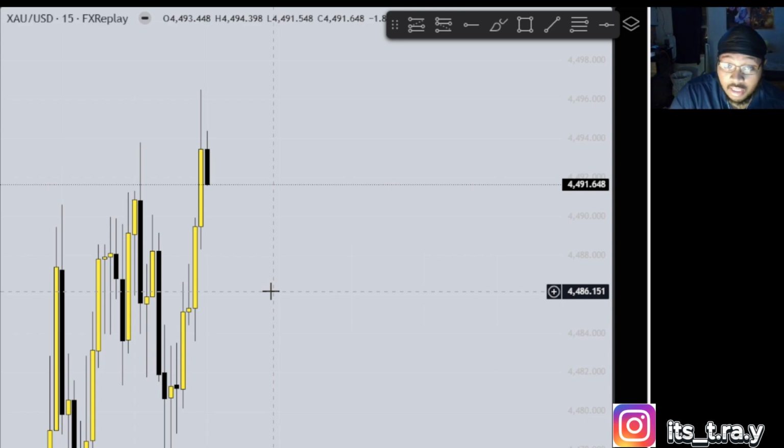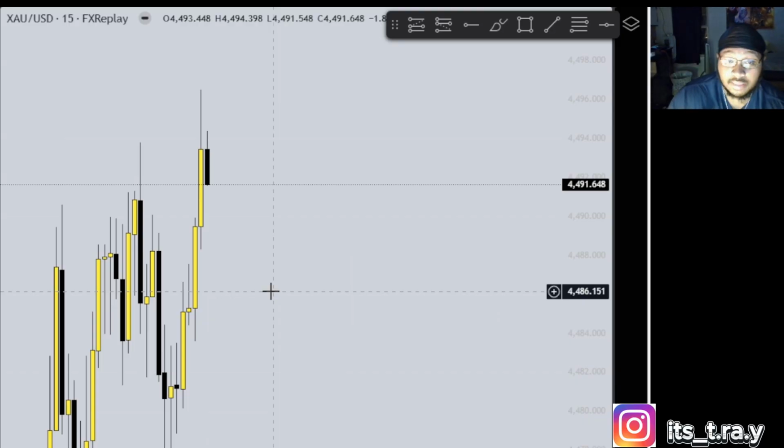A bearish candle opens at the top and closes at the bottom. The wicks just show where the candle body has been, or where it went to but failed to close at.